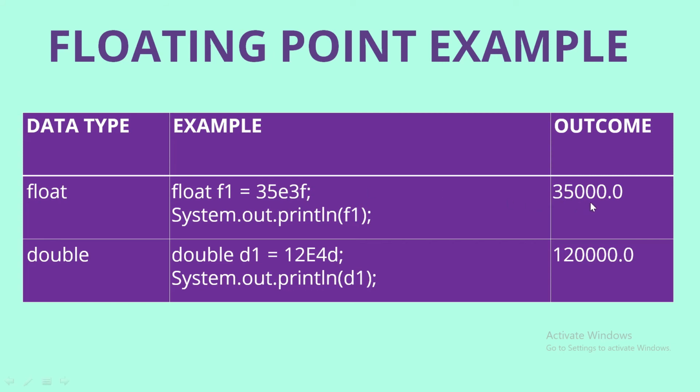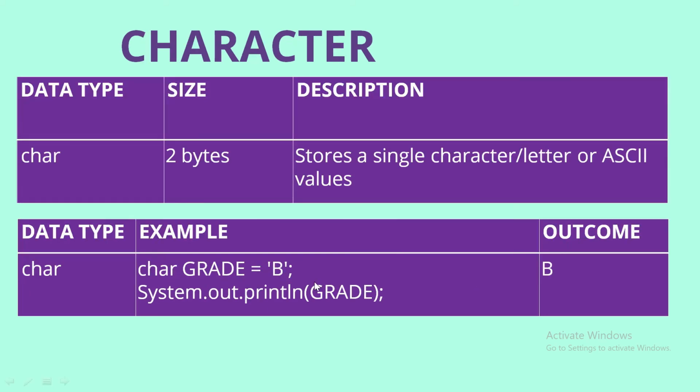So the outcome is 35,000. Double can store 12E4. It means 12 times 10 raised to power 4, which is equal to 120000.